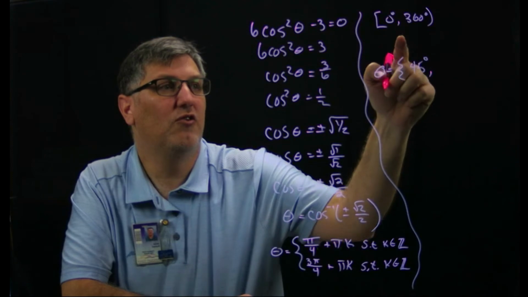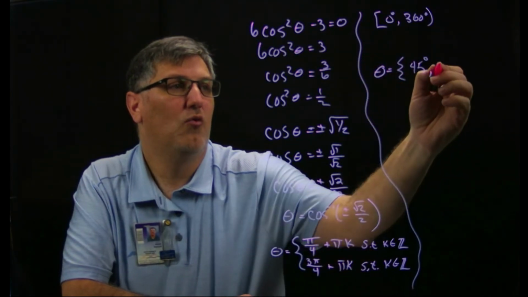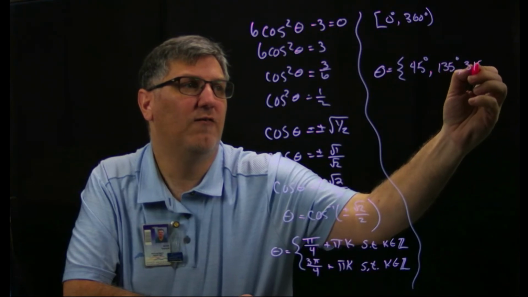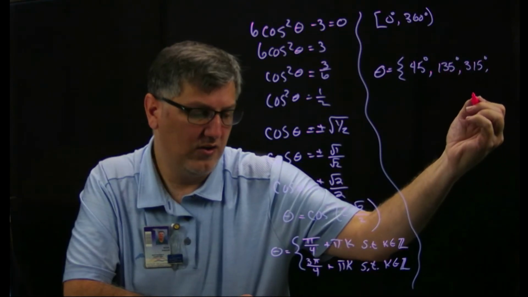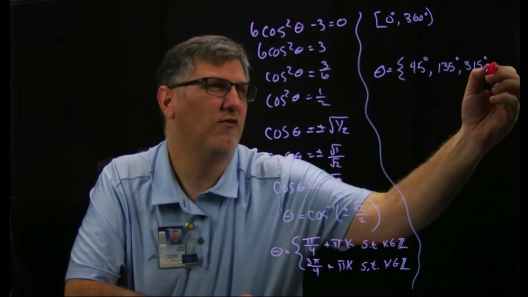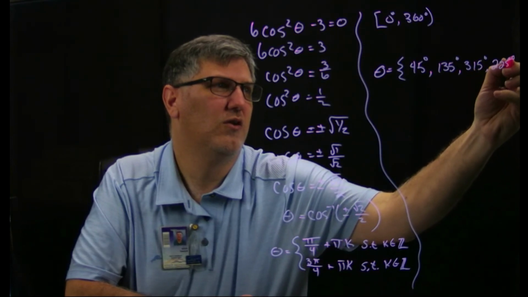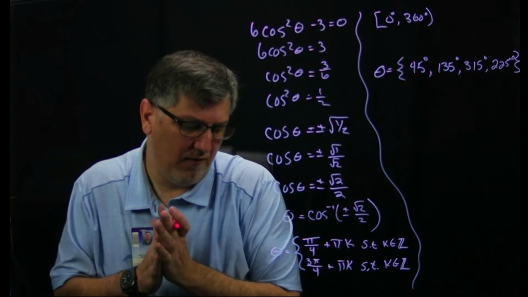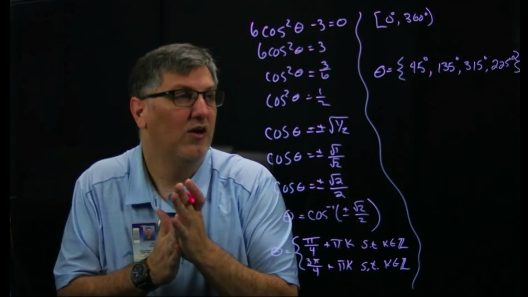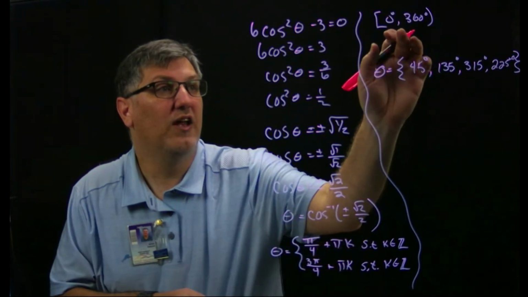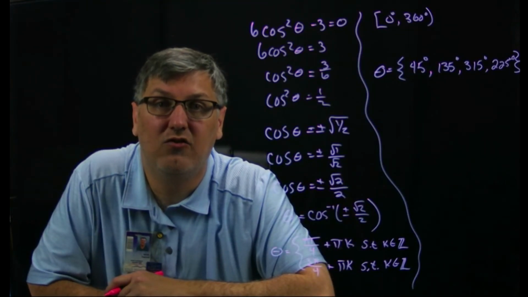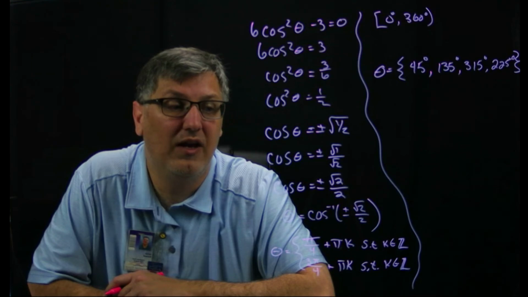Remember, if I give this to you in degrees, I want the answer in degrees. 135 degrees, 315 degrees, I'm missing one, 225 degrees. And voila, there are my 4 answers. These are for the interval from 0 to 360. So you always have to pay attention to the interval you're going to give me the answer in.